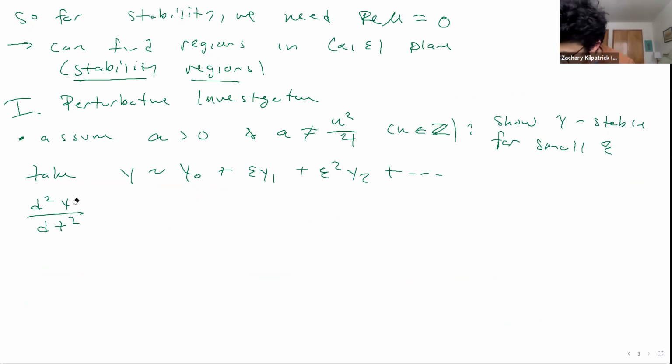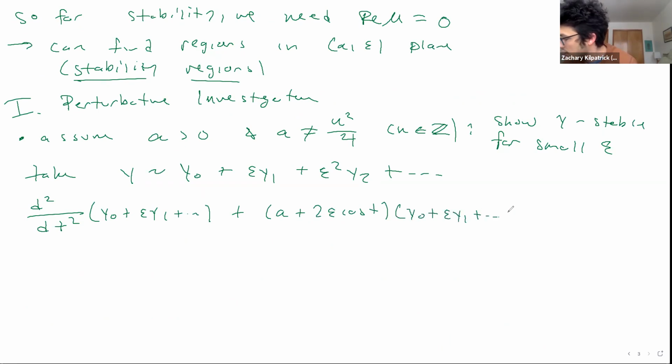If we apply our perturbation expansion, we have y0 plus epsilon y1, plus a plus 2 epsilon cosine t times y0 plus epsilon y1 is equal to 0.